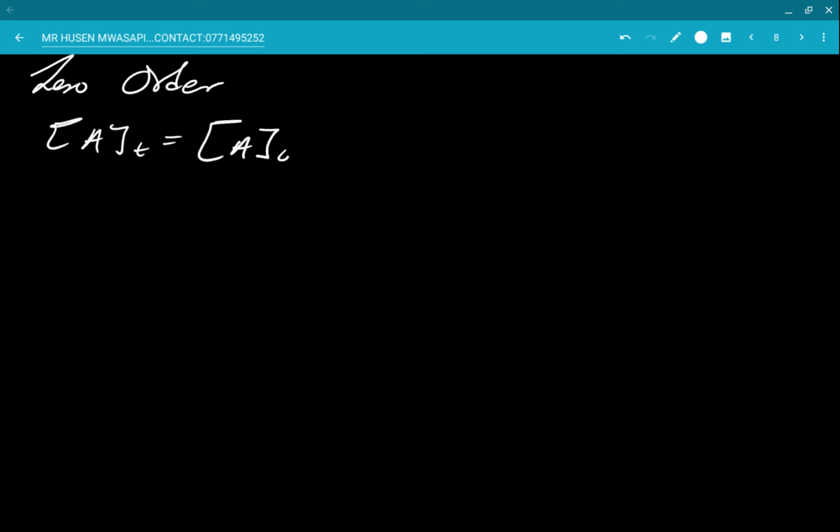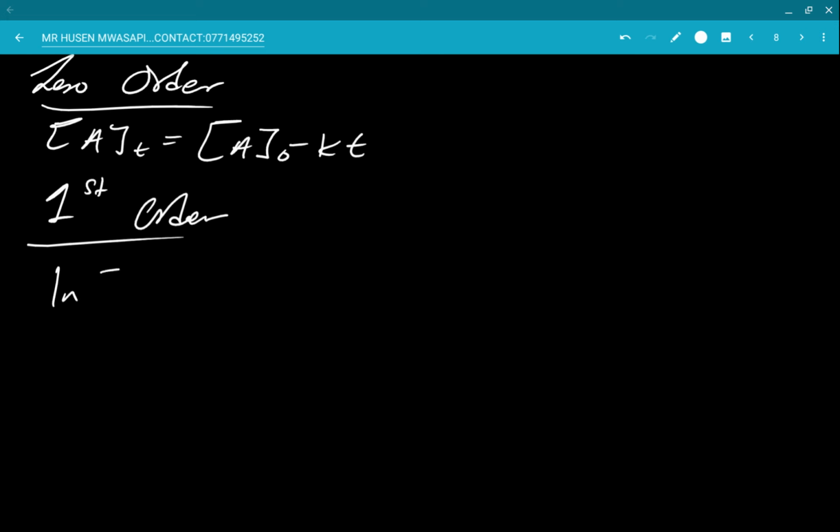So in a nutshell, I could say for a 0 order, you have concentration A at time t being equal to concentration A at the initial minus kt. Then for the first order, you have ln concentration A at time t being equal to ln concentration A at the initial minus kt.